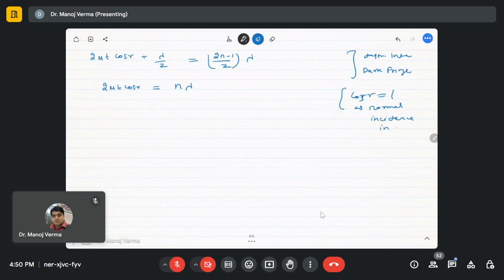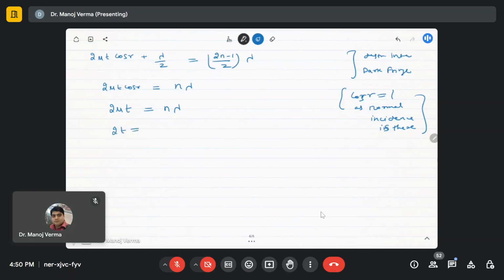Normal incidence means the light is falling perpendicular from above onto the system. If it falls perpendicular, it is normal incidence, the incidence is at 90 degrees. So r will also be 0 and cos r will be 1. So 2 mu t is equal to n lambda. In case of a dark fringe, 2 mu t will be equal to n lambda.